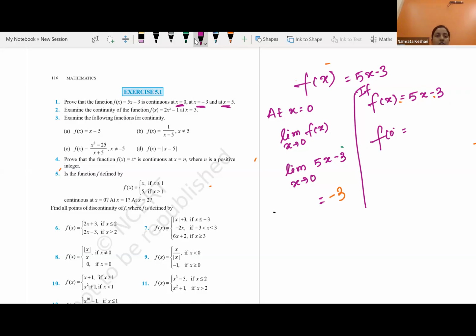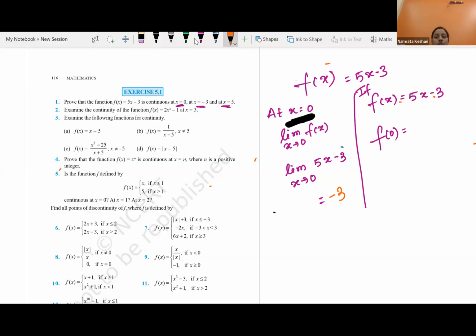Why? Because at 0 we are checking whether it is continuous or not. So we have taken the limit x tends to 0 by ourselves and we are finding f of 0. Are you getting it, Miraj? Yes. Okay. F of 0, can you tell me what we are going to have? Minus 3 again. Yeah, minus 3.